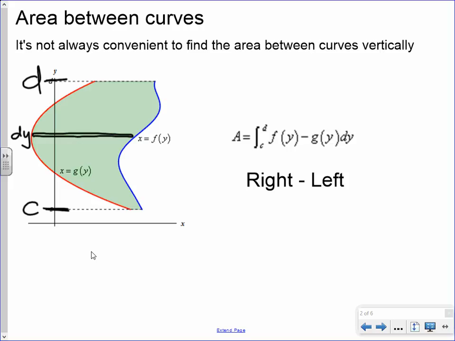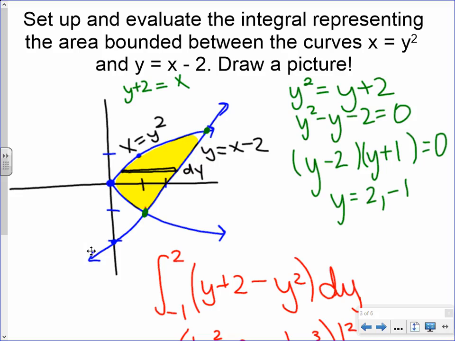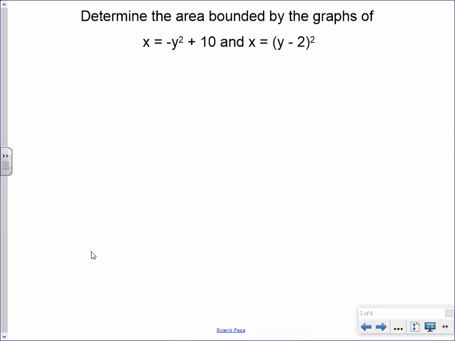It looks like it would be pretty difficult to break up into top minus bottom and all the different possibilities. This one is much simpler in terms of y. This one we could do either way, but definitely much quicker to do in terms of y. All right, let's look at another example.